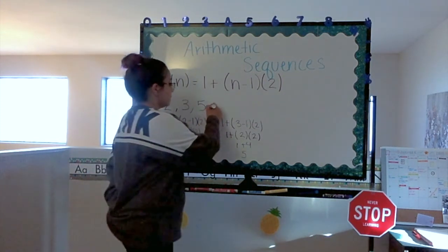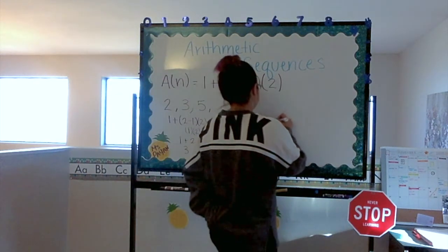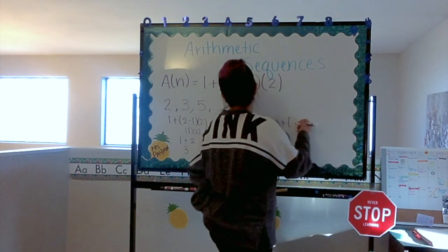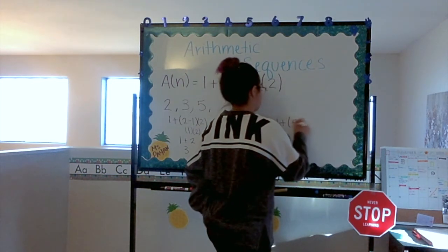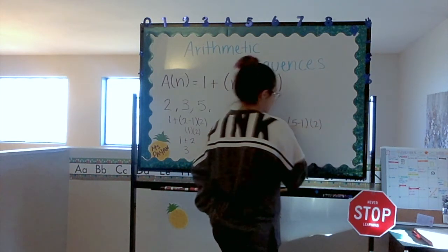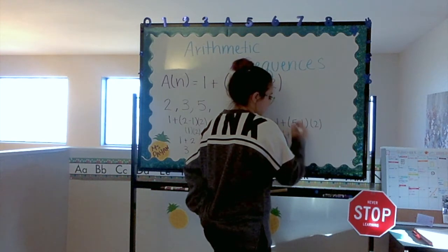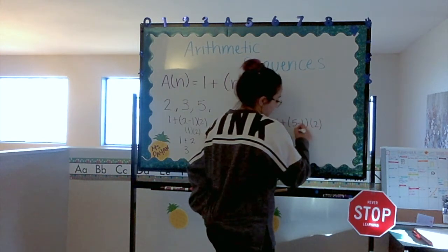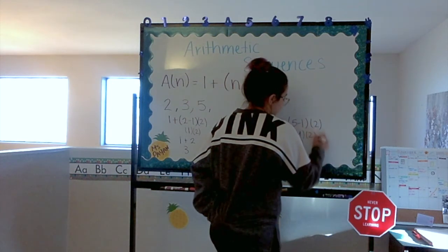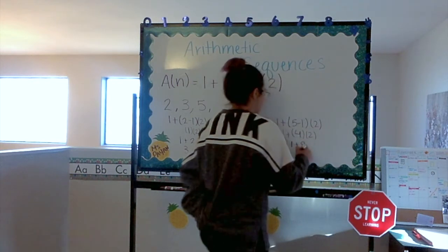Now, let's just do one more. So we're going to be plugging in 5 into this equation and getting our following number in the sequence. So let's go ahead and do it. 5 minus 1 is 4. 4 times 2 is 8. 8 plus 1 is 9.